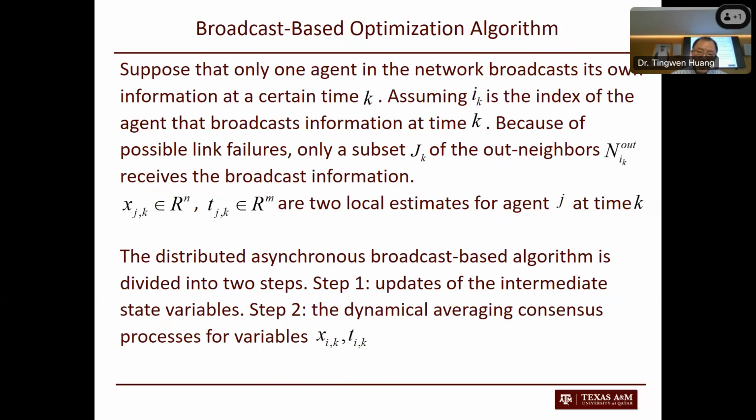We use xjk, tjk as two local estimates for agent j at time k. The distributed asynchronous broadcast-based algorithm is divided into two steps. Step 1, updates of the intermediate state variables. Step 2, the dynamical averaging consensus process for variables.